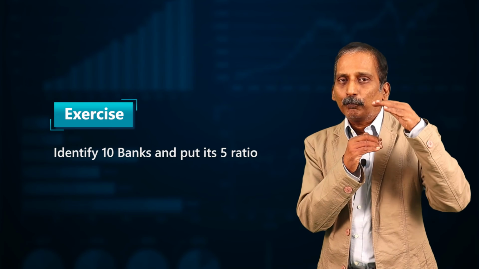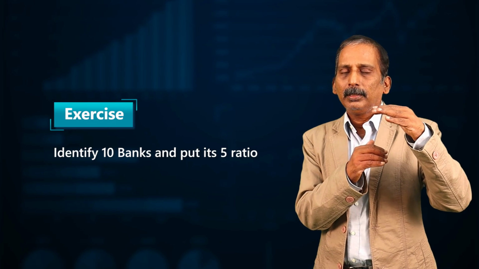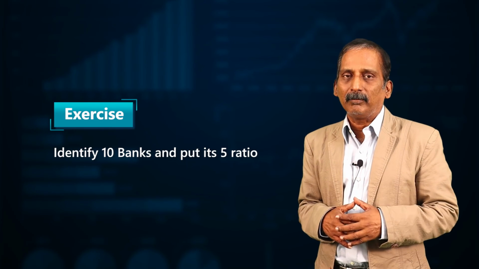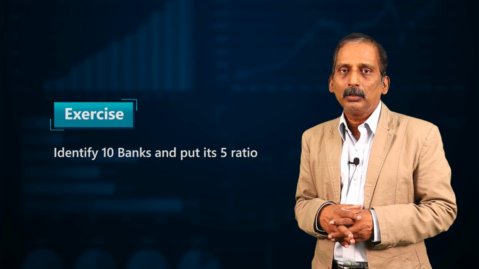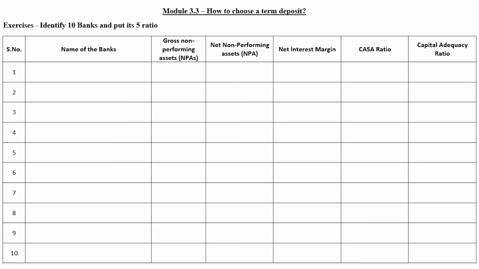I want you to identify 10 banks, and in respect of each of those 10 banks, I want you to put out these 5 ratios. Google, search, hunt, and get these 10 into 5, 50 numbers. Based on those 50 numbers, you then decide how you would rank these 10 banks. Do that and share with us. We'll let you know how well you have done.